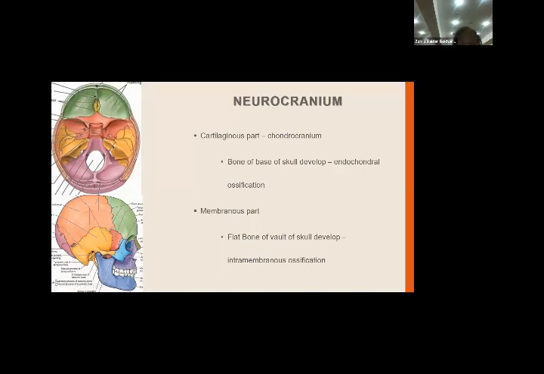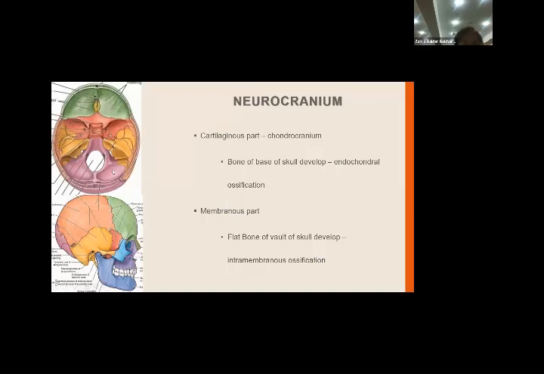अब ये जो न्यूरोक्रेनियम है, आपको बताया था कि part of it develops in cartilage by intracartilaginous ossification. ये जो bones of the base of skull, ये bones सारी, the bones on which the brain is resting, ये developed by endochondral ossification या intracartilaginous ossification. That means first a cartilaginous model is formed and then ossification takes place in this cartilaginous model.